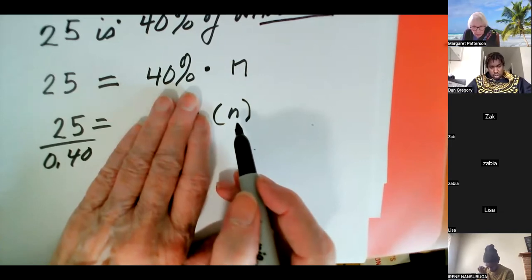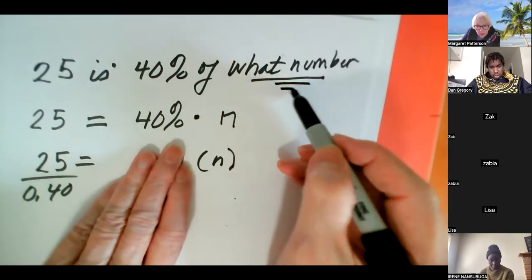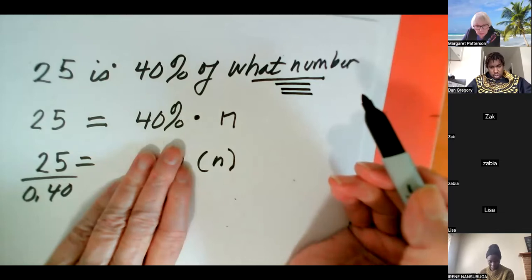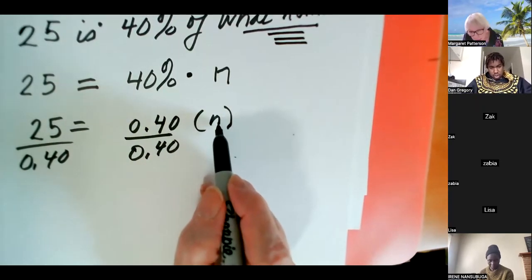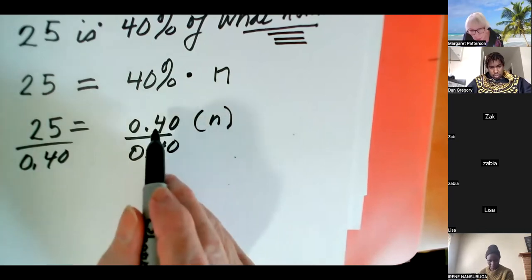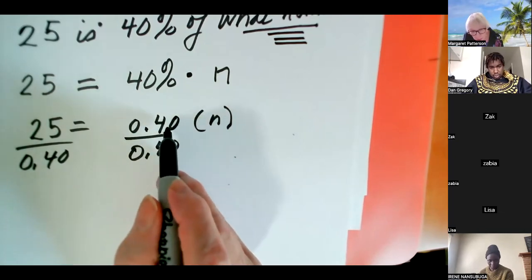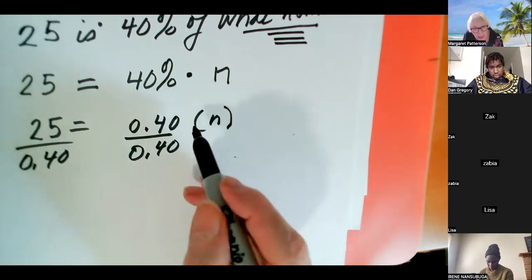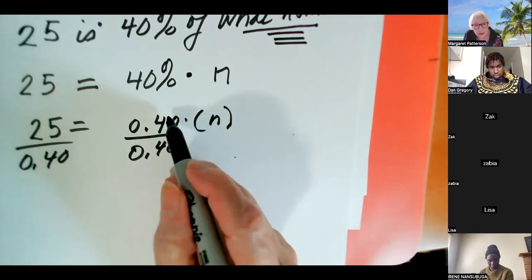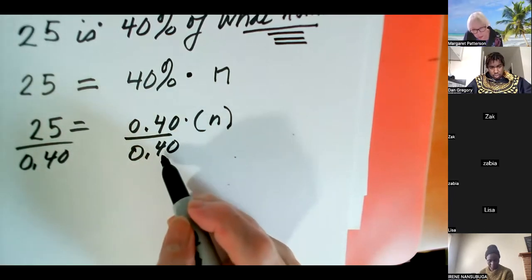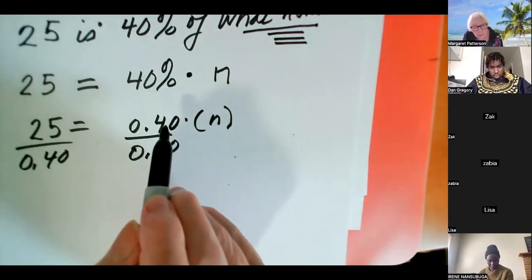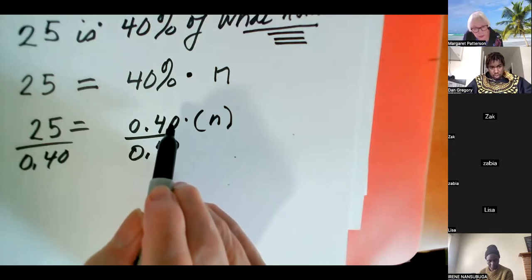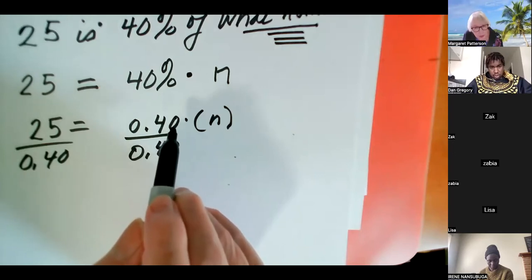The missing number. In order to get rid of the 0.40, it's multiplied, so you do the opposite, which is divide. So you always locate the letter and that's where the action is. That's where you're going to divide.